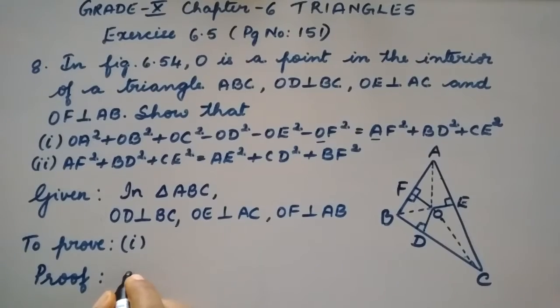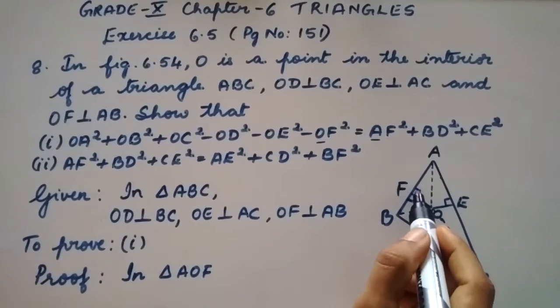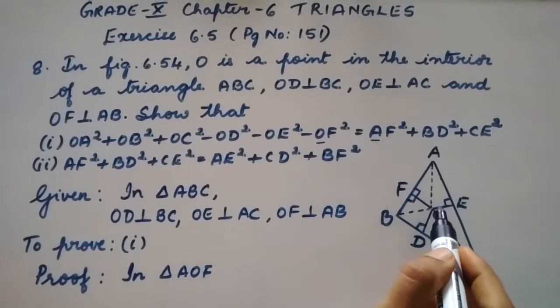So in triangle AOF, angle F is equal to 90 degree. So AO is the hypotenuse.